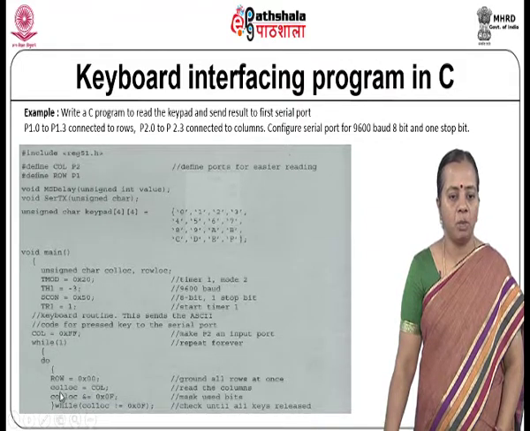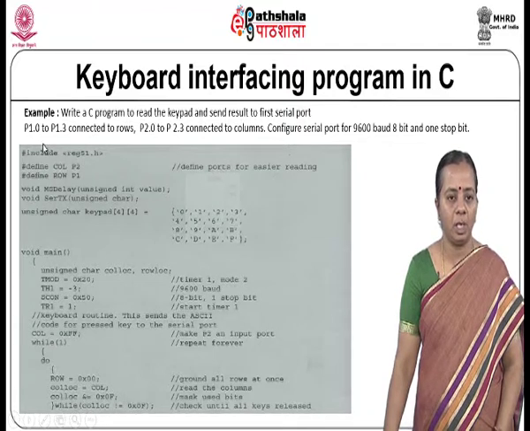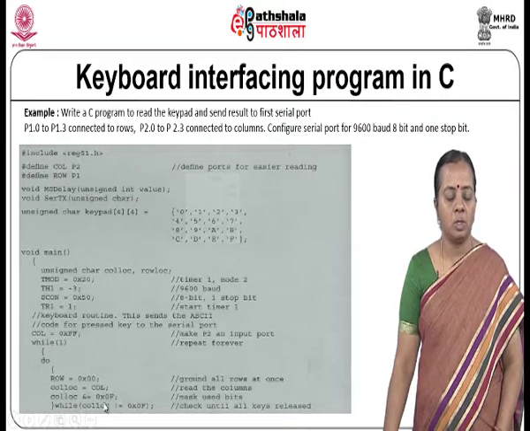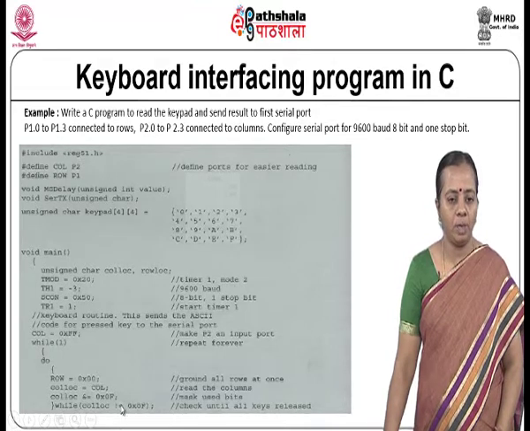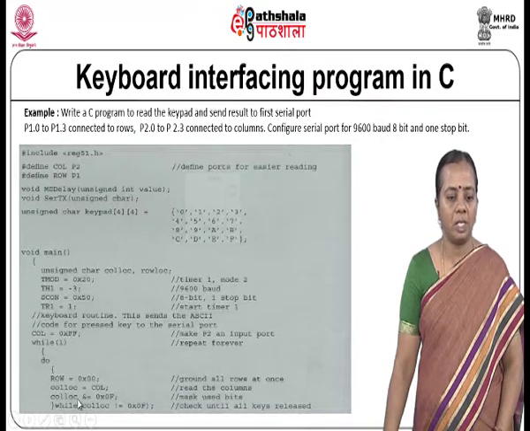COL_LOC is the column location, which is equal to COL, read the column, and ANDed with 0x0F. That means the upper nibble is masked by ANDing with 0, and only the lower nibble, the 4 bits we wanted to see, P2.0 to P2.3, is taken. Because of that, I have ANDed with 0F, so that I take only the last 4 LSB bits.